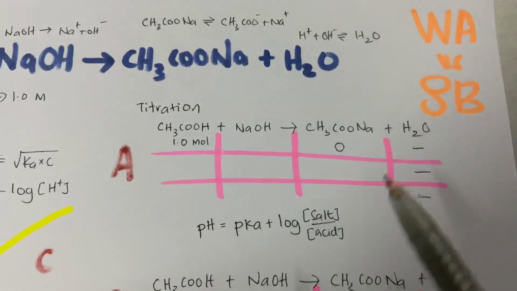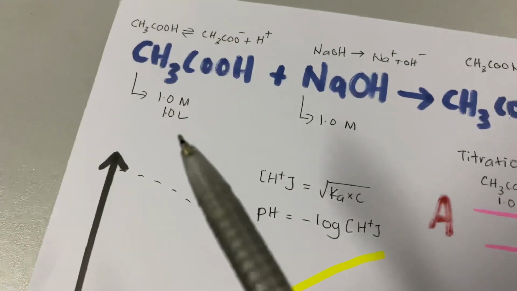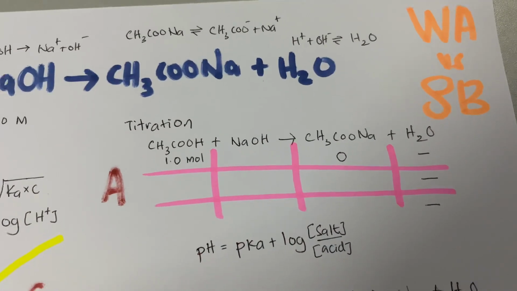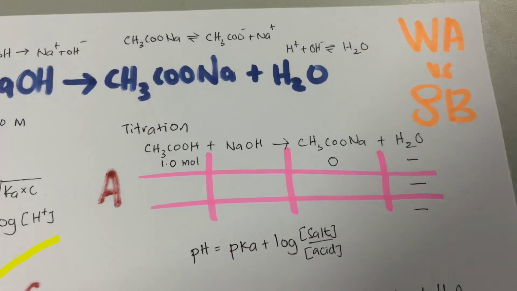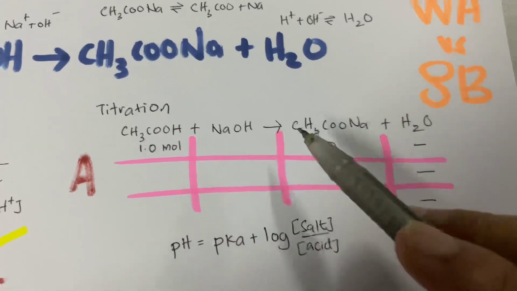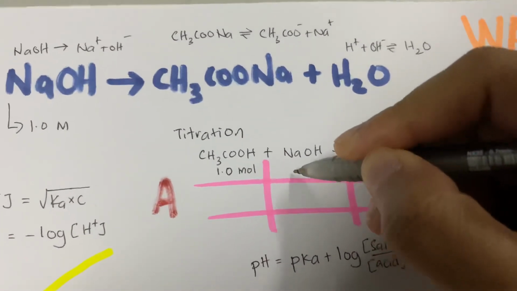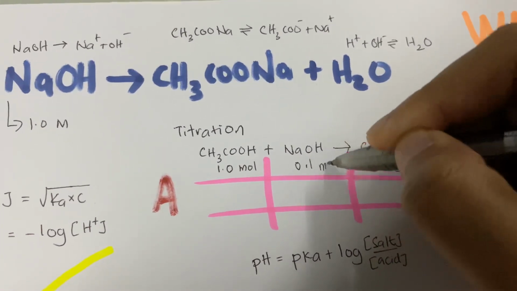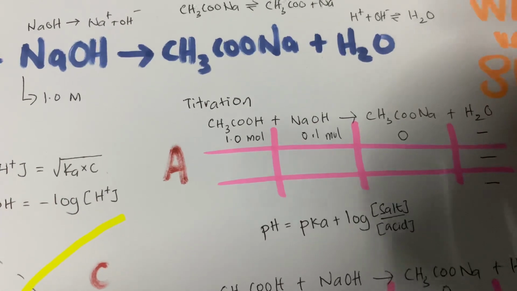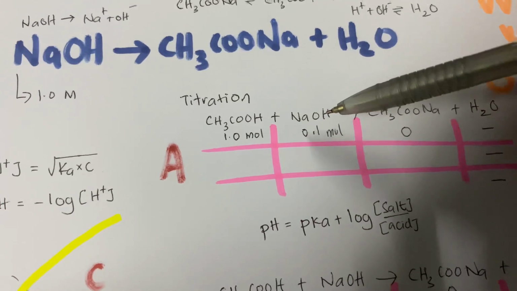So we have here ethanoic acid, 1 molar and 1 liter. I just use simple numbers to show you. For example, the amount of sodium hydroxide being added is 0.1 mole. In a titration, the acid will neutralize the base.